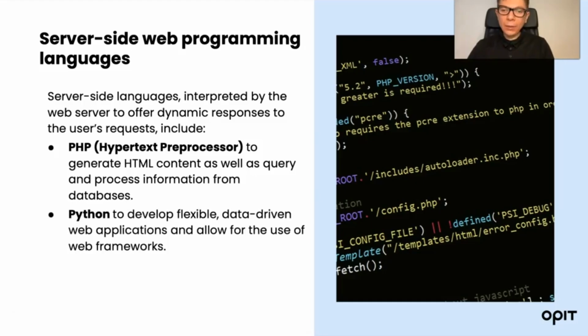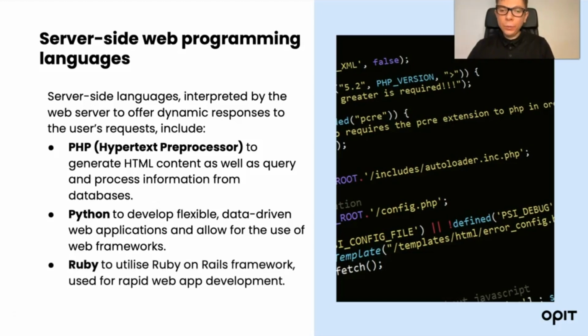Then we may use Python, which is a very well known, high-level programming language, which can be used to develop flexible data-driven web applications and allow for the use of frameworks. So it is also used within web development frameworks.